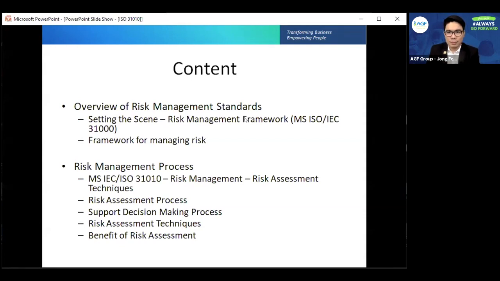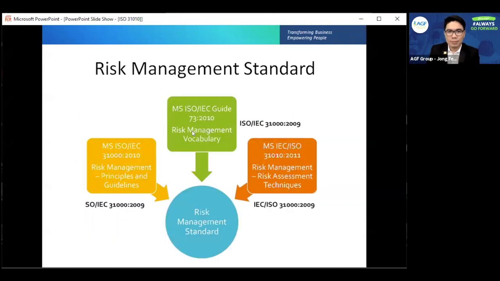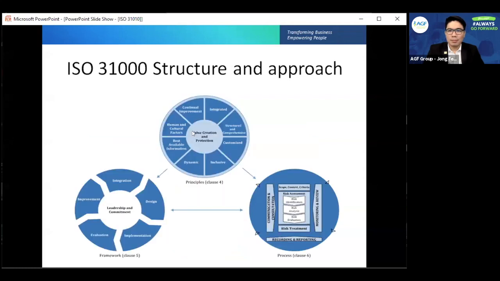Now, ang problema, there are so many techniques na naka-indicate sa guidelines, like pinakita ni Sir Jong kanina, di ba? And marami pang ibang guides na makakatulong dyan para umayos yung risk management framework ninyo at yung process na i-adapt ninyo. Hopefully, kapag naintindihan ninyo yung 31,000, mabigyan kayo ng light kung ano yung basis for a good framework.